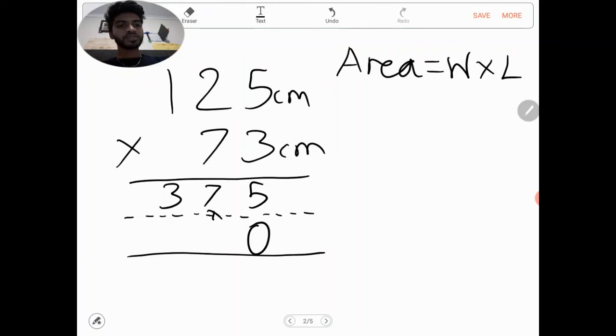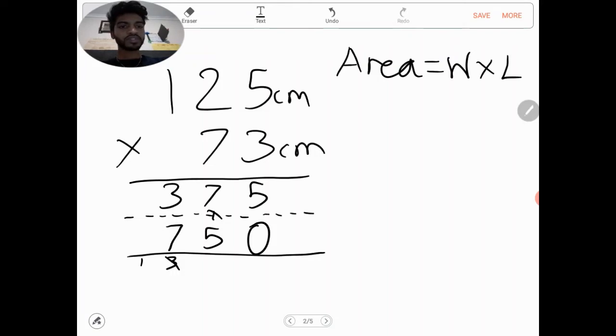Now I do 7 times 5. 5 times 6 is 30, so 5 times 7 must be 35. Put a 5 there, and a tiny 3 under here. And then 7 times 2, which is 14, plus the 3 is 17, so put a 7 there, cross that out because we've used it, and a tiny little 1 over here.